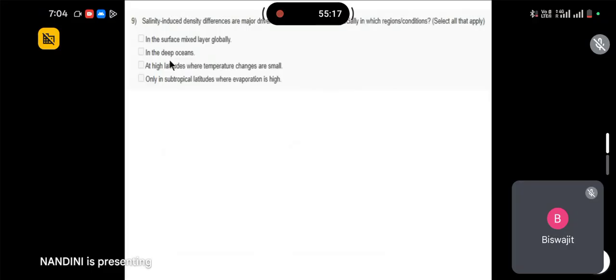So we know density change can occur due to temperature. It can happen due to salinity difference, or it can also happen with respect to depth. We already saw that. So the question is, salinity-induced density differences are driving oceanic circulation. This happens in which conditions or which region?